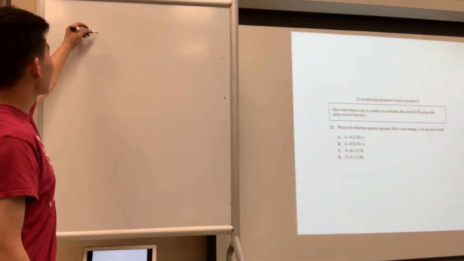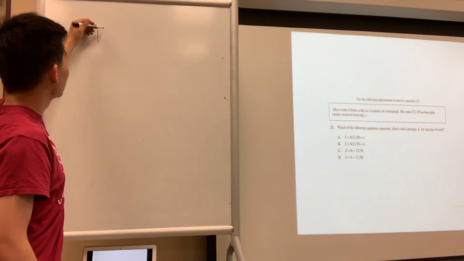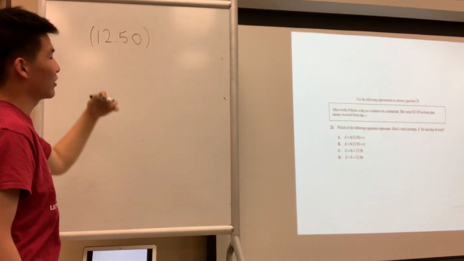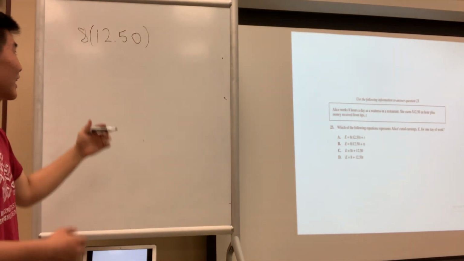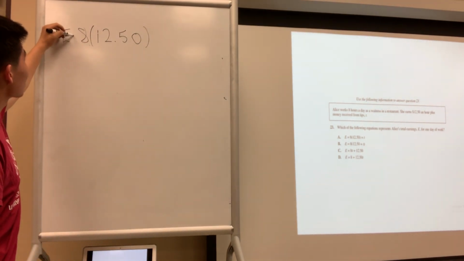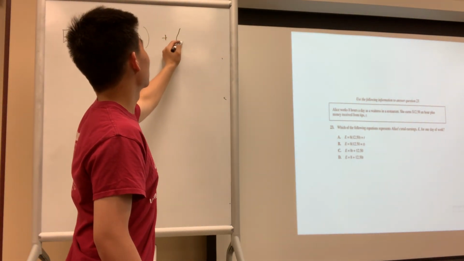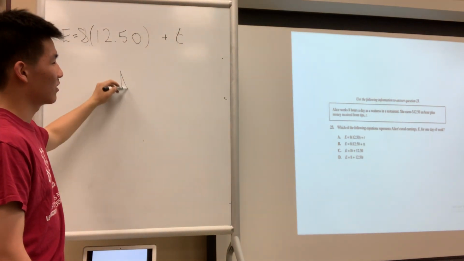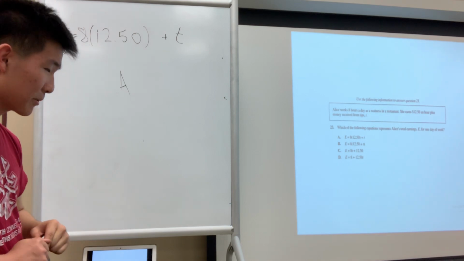You could say it's 12.5, her hourly rate, multiplied by the number of hours she works, which is 8. And then again, the tips are just an add-on, so you just add the money from tips on the end. And you see the answer is A. Okay. Does that make sense?